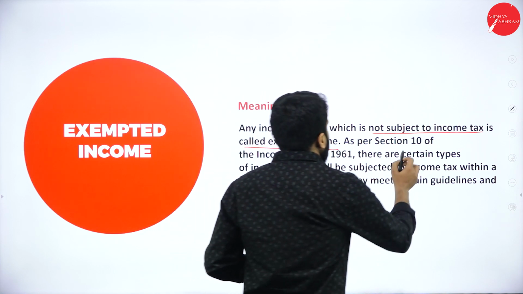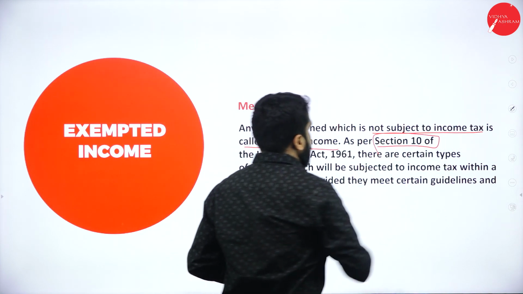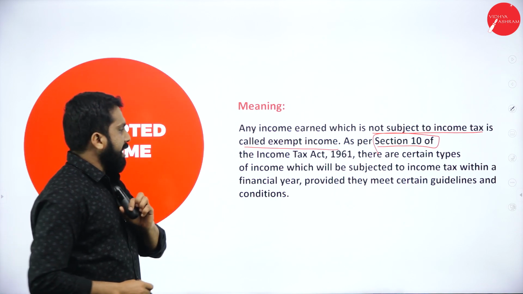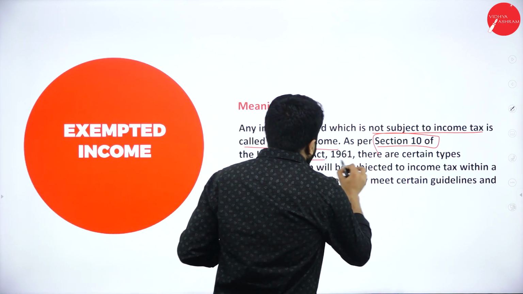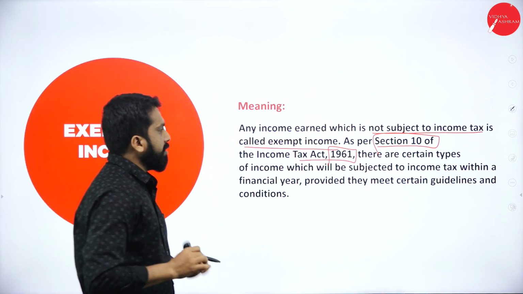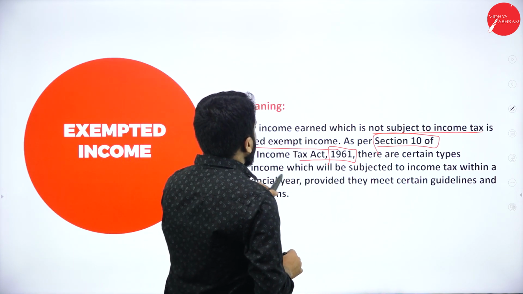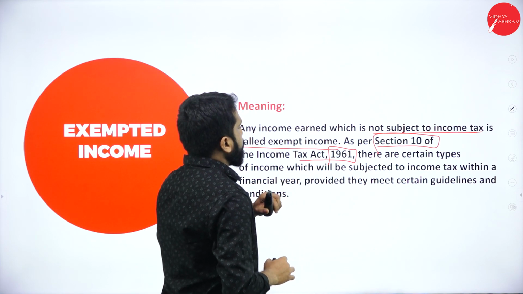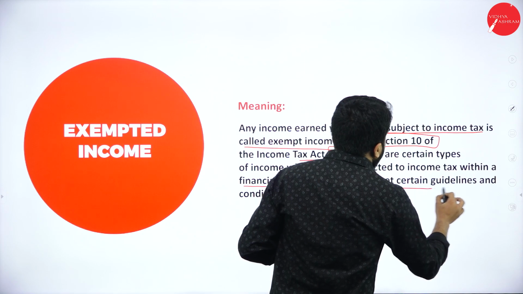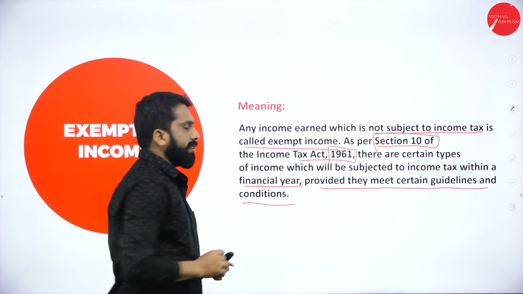Now, as per Section 10, remember, exempted items come under Section 10 of the Income Tax Act 1961. There are certain types of income which will be subject to income tax within a financial year, provided they meet certain guidelines and conditions.